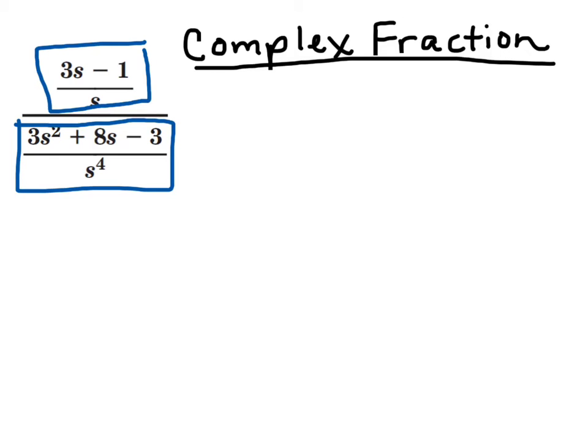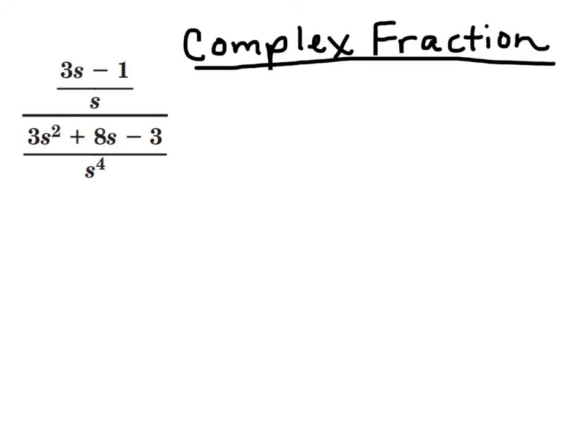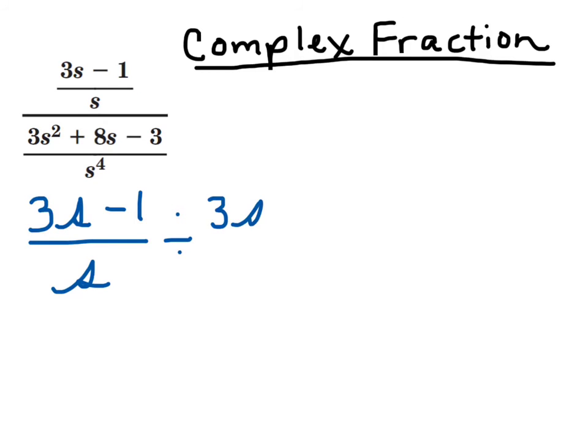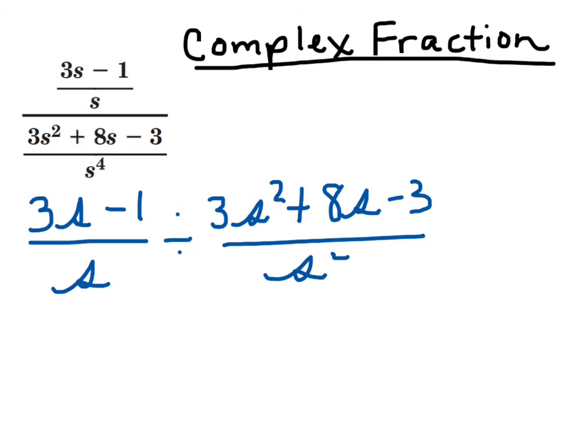What we can do is rewrite this as a division statement. So I'll rewrite this right below as 3s minus 1 all over s divided by 3s squared plus 8s minus 3 all over s to the 4th.